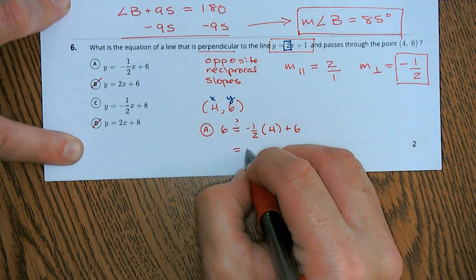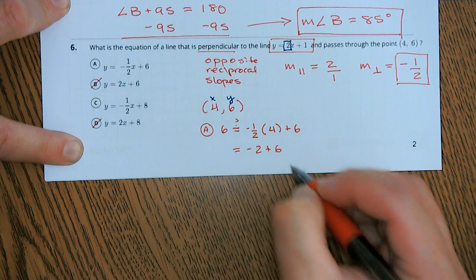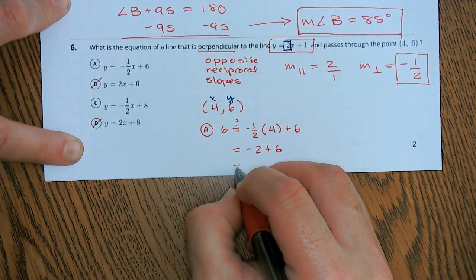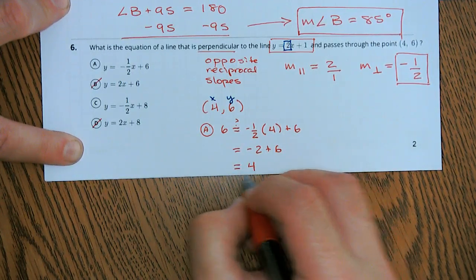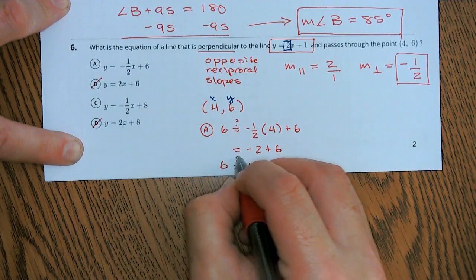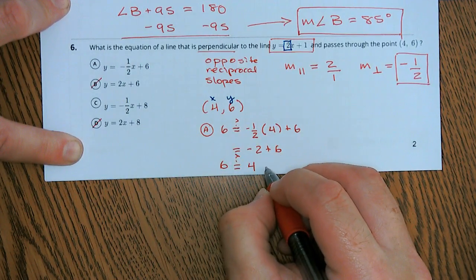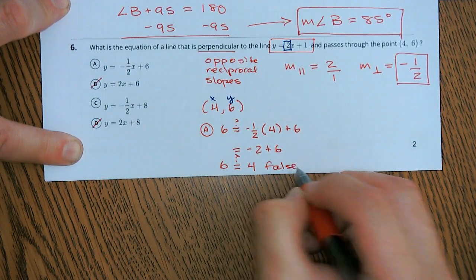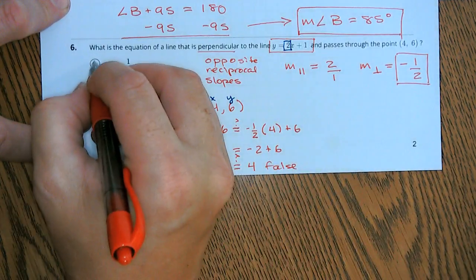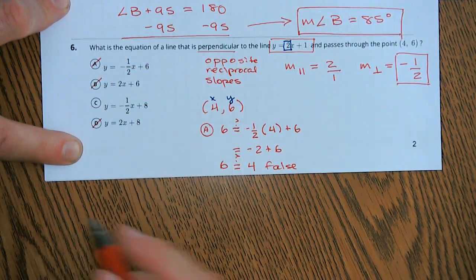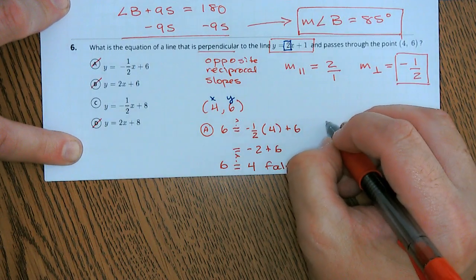So on this side, we're going to have negative 2 plus 6, which is 4. And is 6 equal to 4? Absolutely not. This is false. So it can't be A.